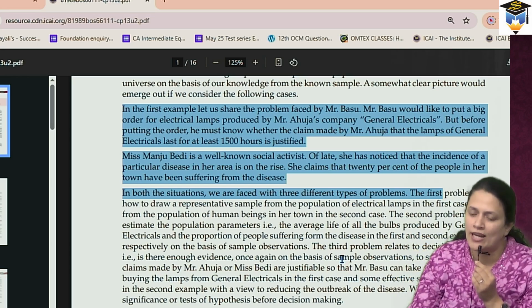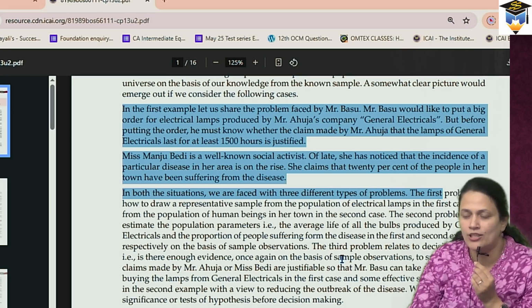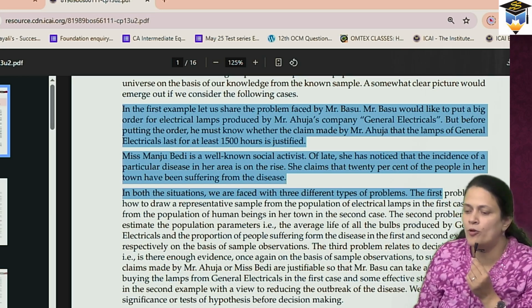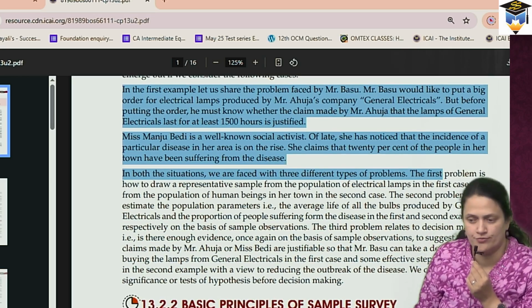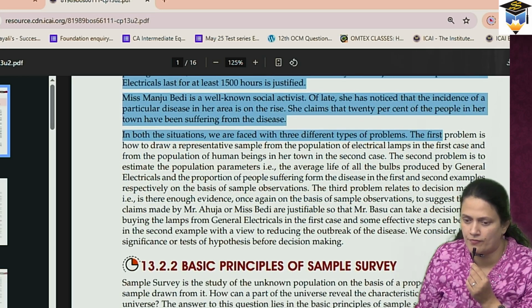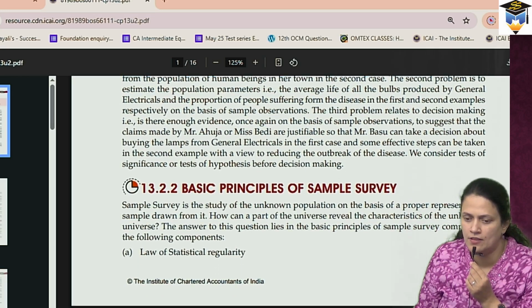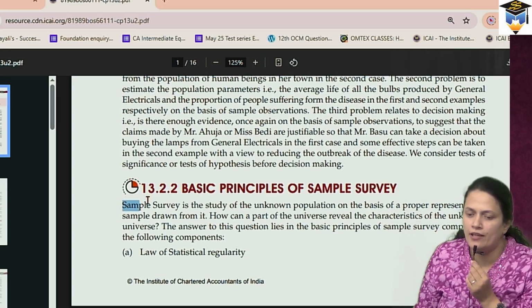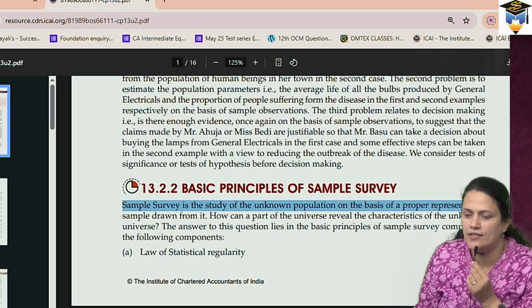So write down what is sampling first. Write down the definition of sampling. I hope all the problems are clear to you. Sample survey, write this down.